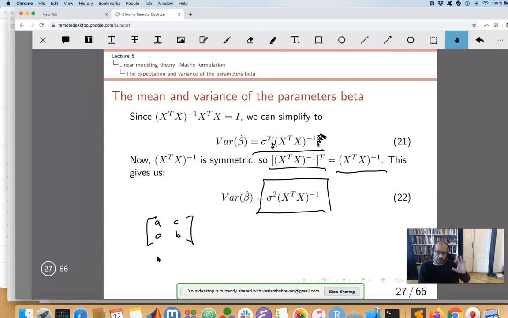Okay, so once I know the model matrix, and once I know the estimate of sigma, I can compute the variance of the beta hat estimators.